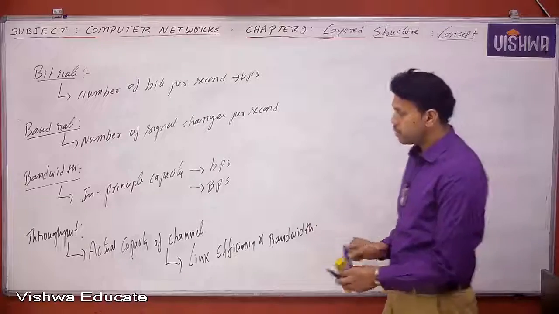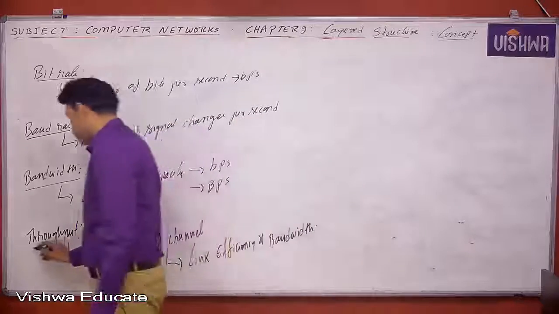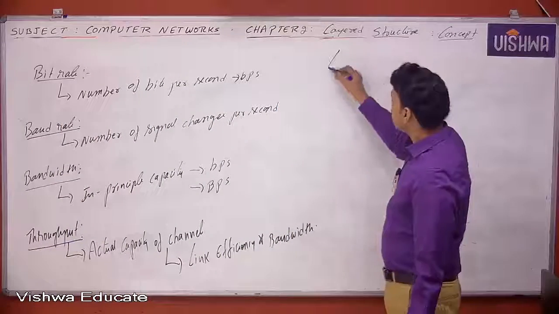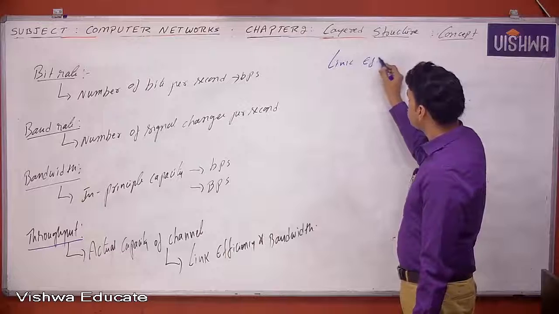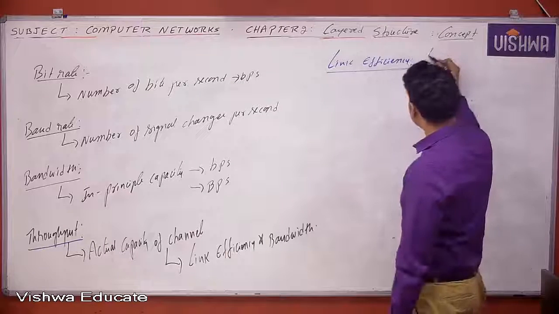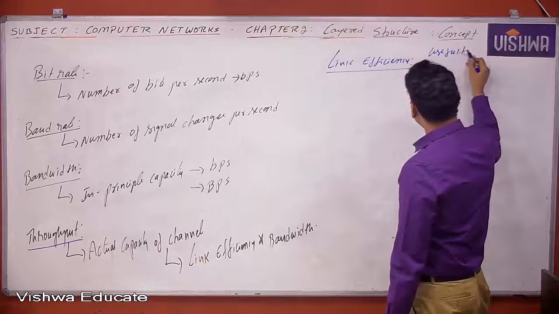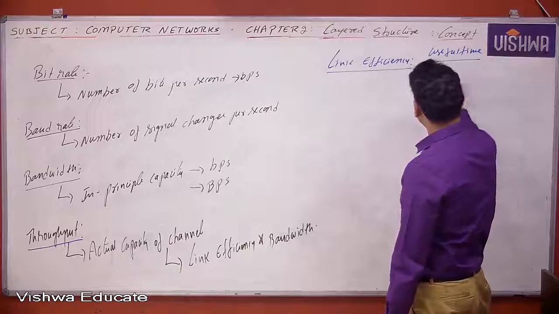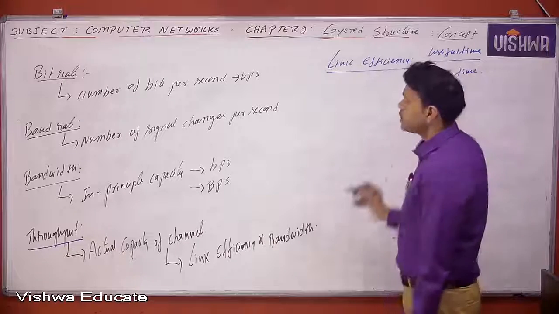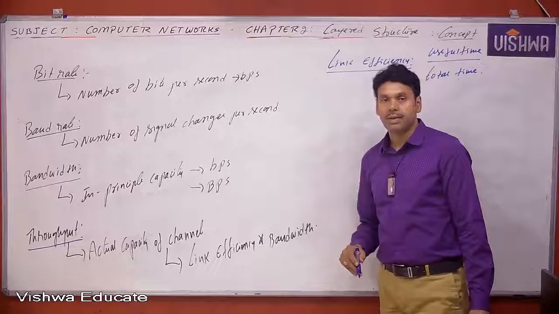This is about throughput. So what is the link efficiency? This is useful time divided by total time. This is about link efficiency.